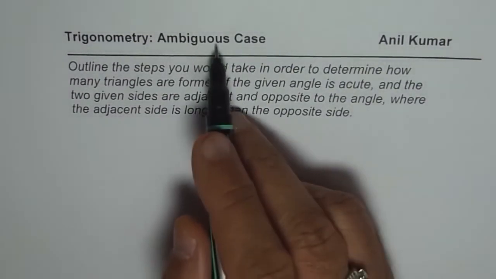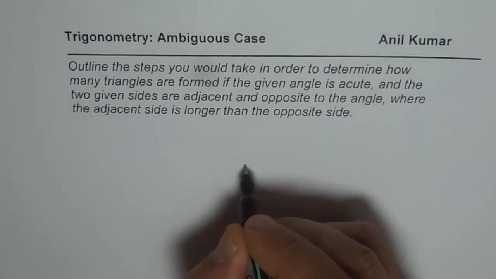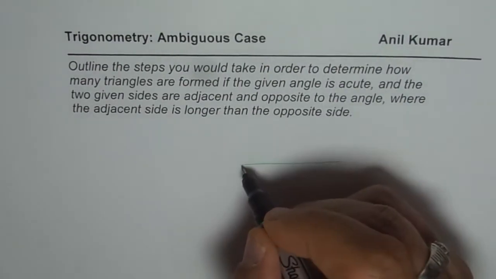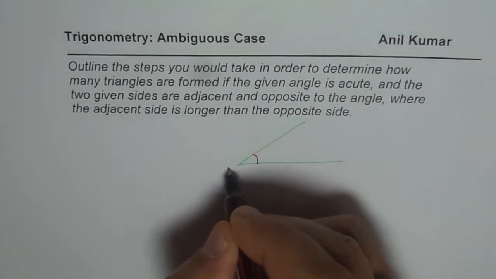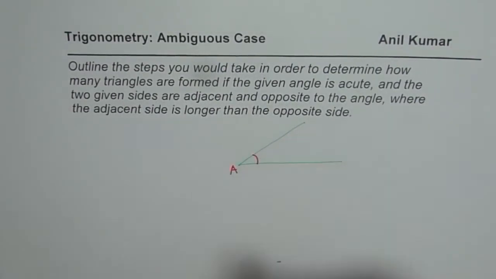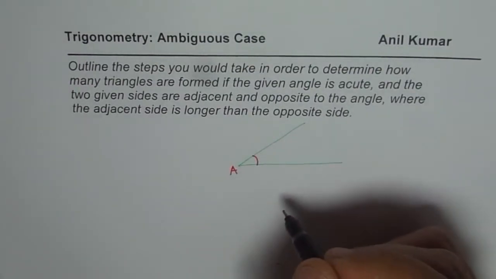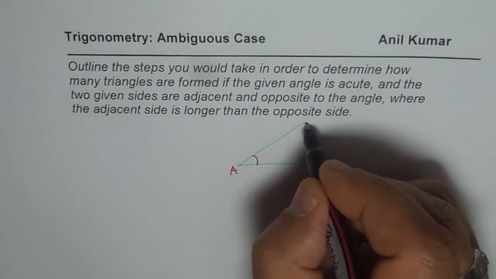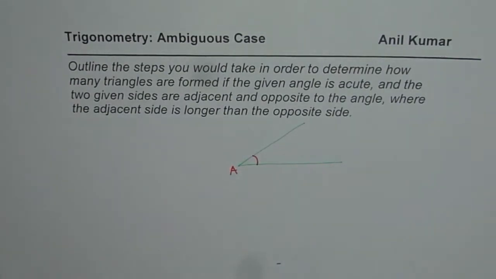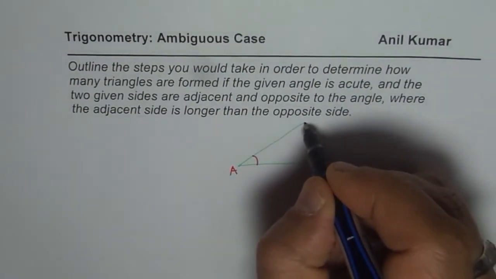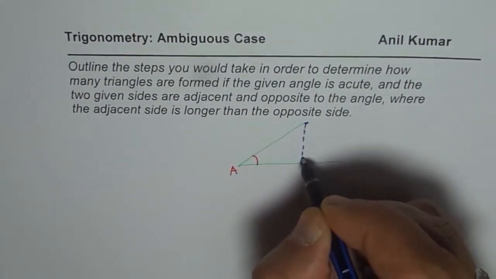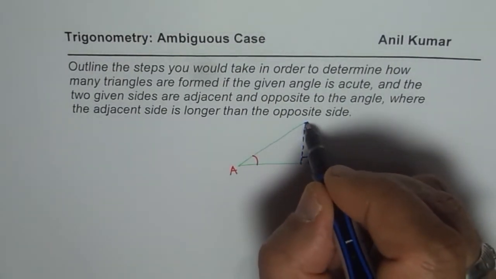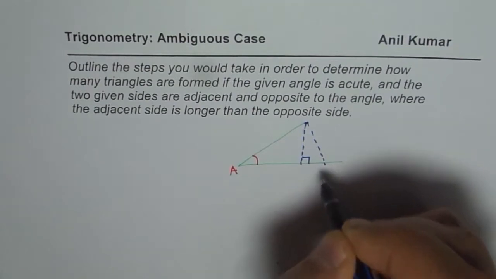So now since I've written ambiguous case, you kind of know what we're talking about. We're really talking about a situation where we are given an acute angle, right? So let me say that an acute angle is given to us, and this is the angle. If this vertex is A, then we say angle A is given to us. The long side is given to us, and we are also given the side opposite to A. Now the side opposite to A could be this much long, which can make a right triangle, or could be much longer, which could make two triangles.